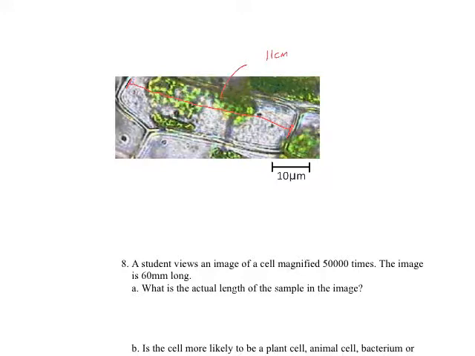Again, it could depend on your actual printout. So 11 centimeters divided by 2.4 centimeters equals 4.58, times 10 micrometers, 45.8 micrometers.